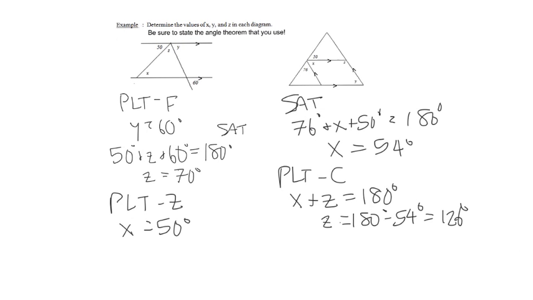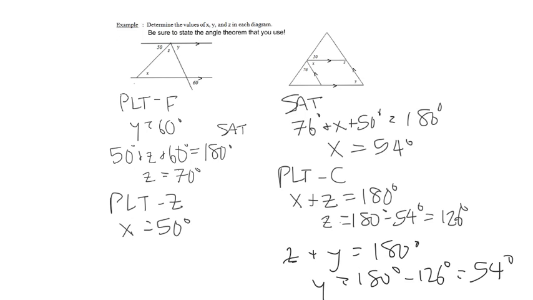But just to summarize then, z plus y equals 180 degrees. That's again from the C pattern. So y equals 180 degrees minus 126 degrees equals 54 degrees.